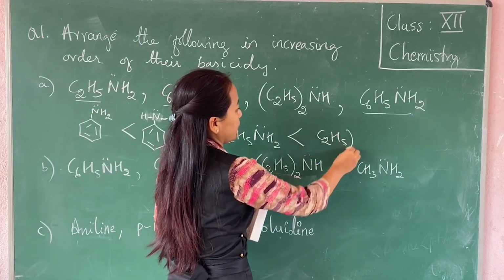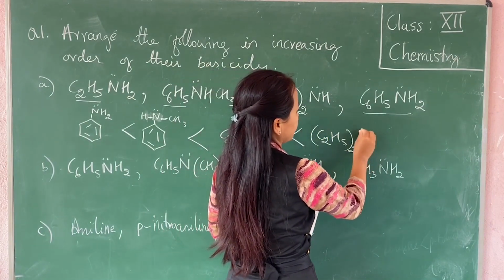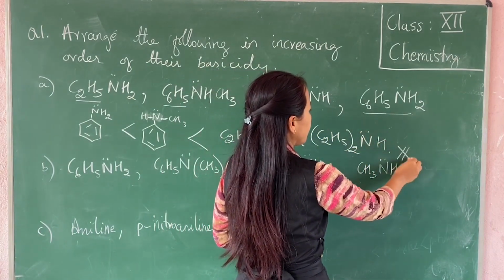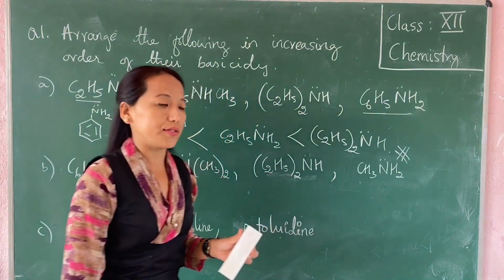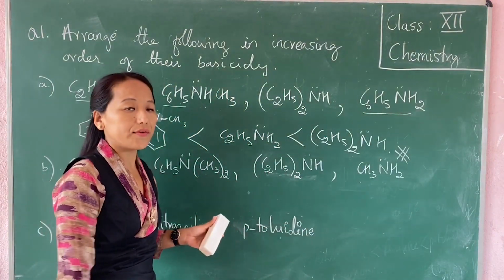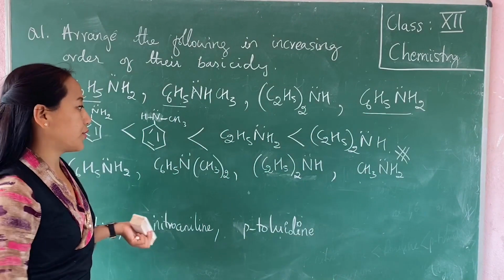So that's how you arrange the compounds on the basis of their basicity, depending upon whether it has electron donating or electron withdrawing groups.